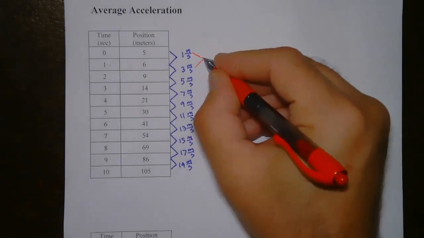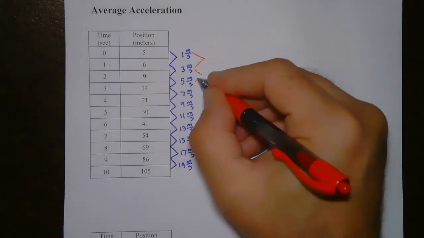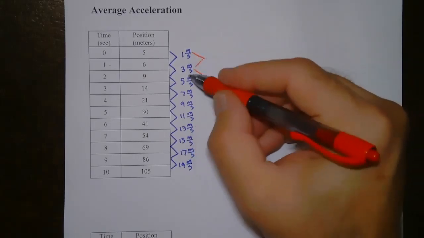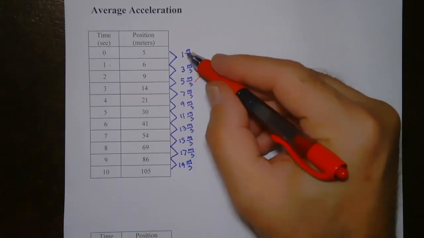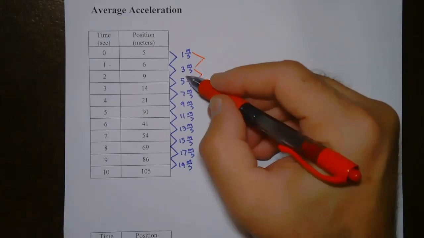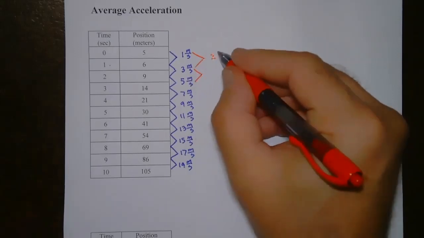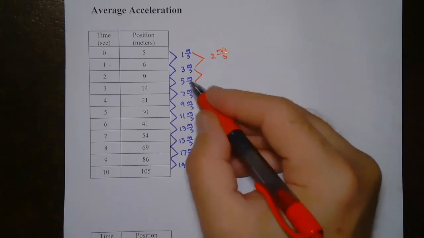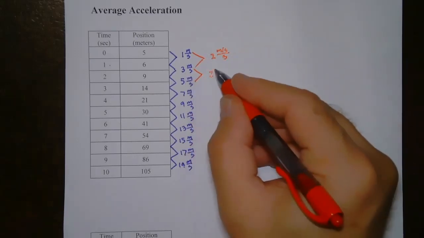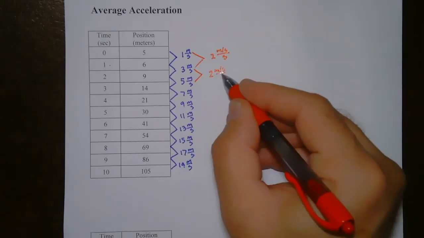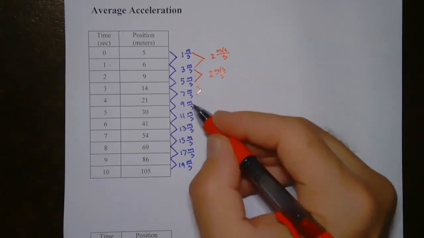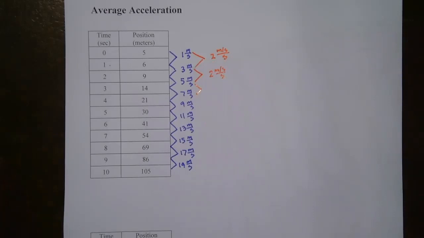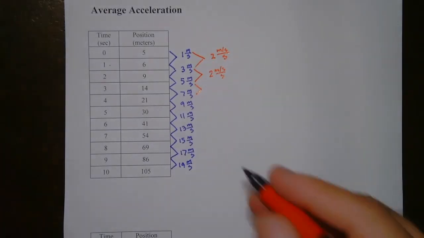But if you look at these, then we could say, in 1 second, we went from 1 meter per second to 3 meters per second. So that would be 2 meters per second. And then 3 to 5, 2 meters per second. From 5 to 7, in 1 second, we went from 5 meters per second to 7 meters per second.